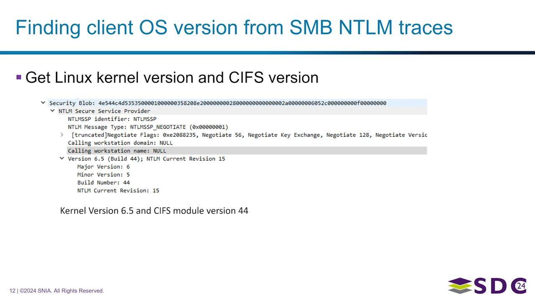So now if the server wants to know the client version, they can look at the negotiate context here, and they will get to know the Linux client version without even asking the customer or Linux client.